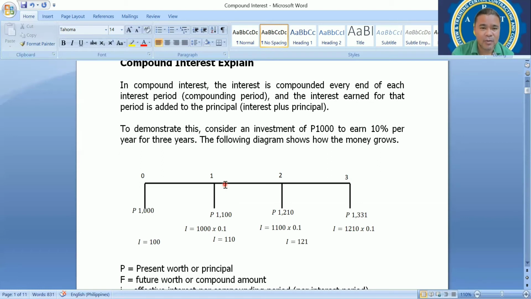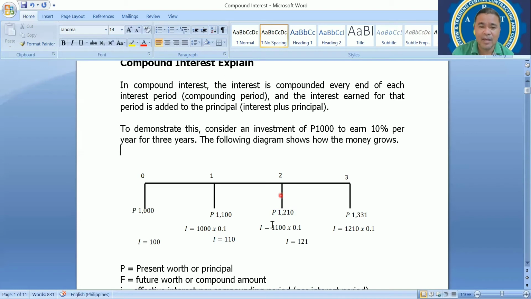So in the first year, your principal becomes 1,100. Then after 2 years, 1,100 times another 10%: the 10% of 1,100 is 110, so you add 1,100 plus 110 equals 1,210.